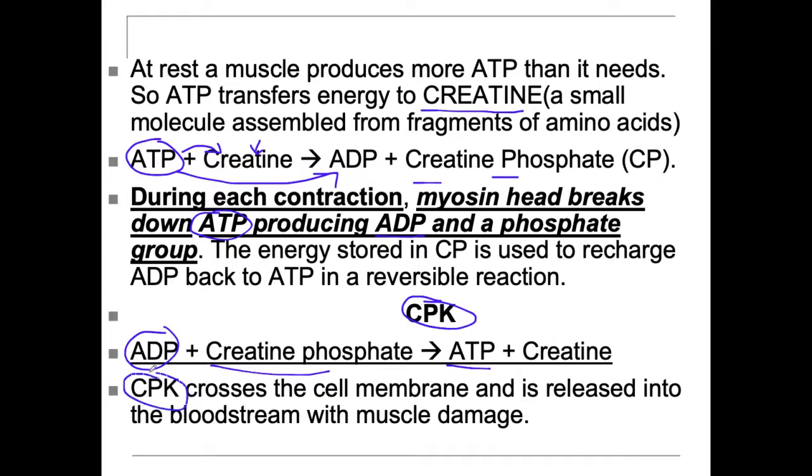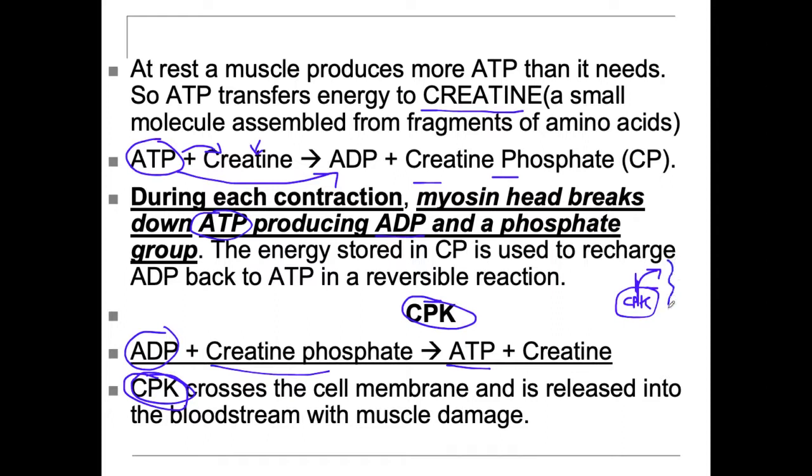Now the CPK is in muscle cells. So if this is a muscle cell and it has CPK, let's say it happens to be a heart muscle cell, and then this heart muscle cell starts to rupture right here, then the CPK leaks out.